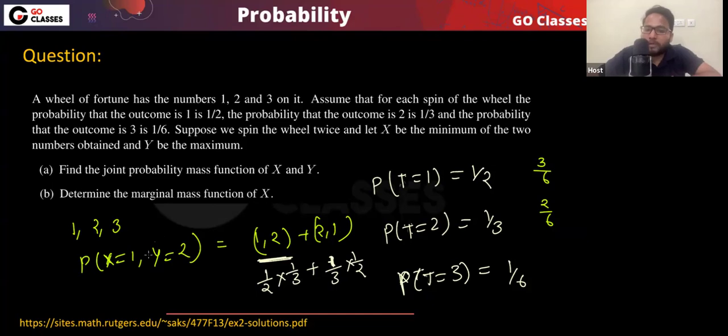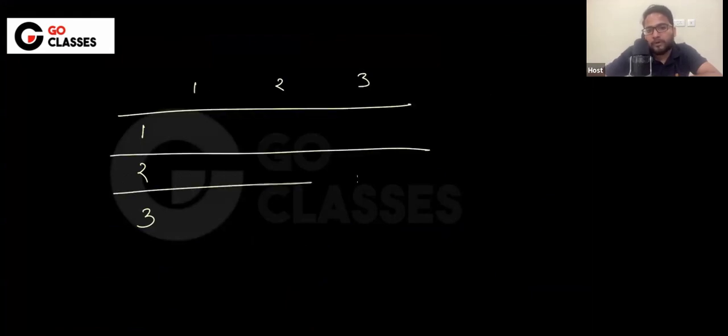Now, can you find out all the possible pairs? So let's just do this. 1, 2, 3, right? Let's suppose these are the values of x, and these are the values of y. You can write the values of x on the horizontal or on the vertical, we can do either way.